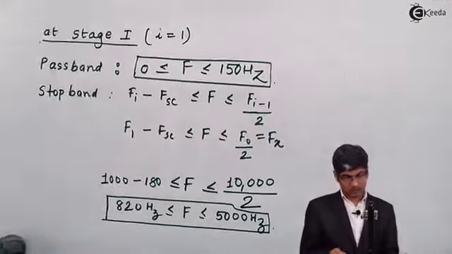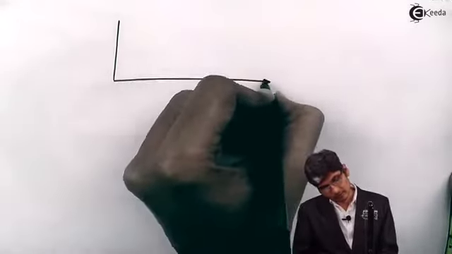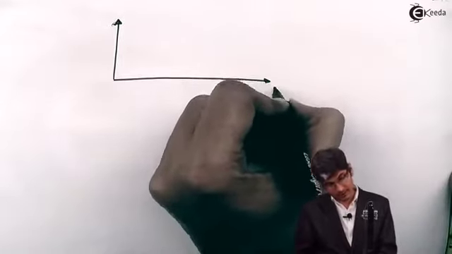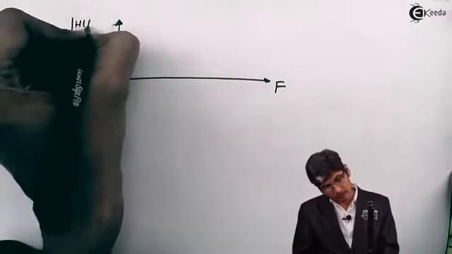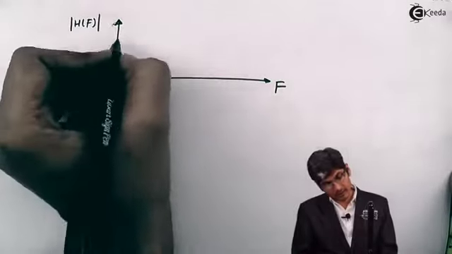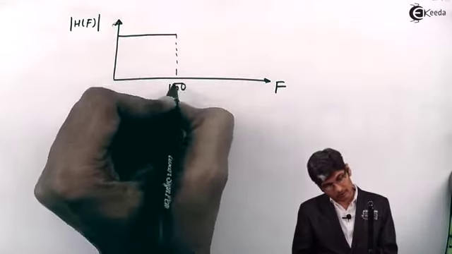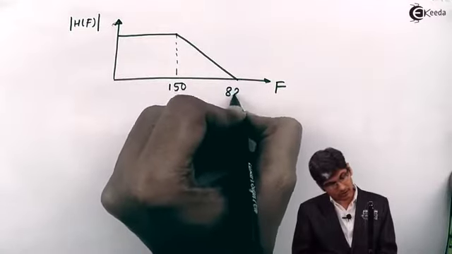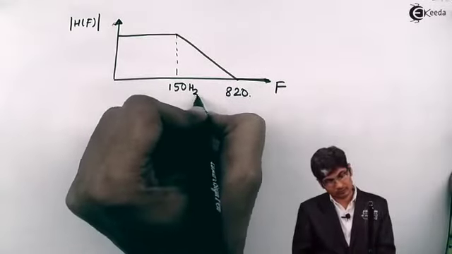Okay, so let us do it. If I draw the characteristics, with F as the x-axis and mod of H of f as the y-axis, we have the passband up to 150, and then after that it goes to 820, and onwards till 5000 it is 0.